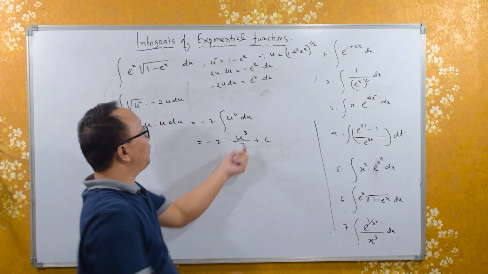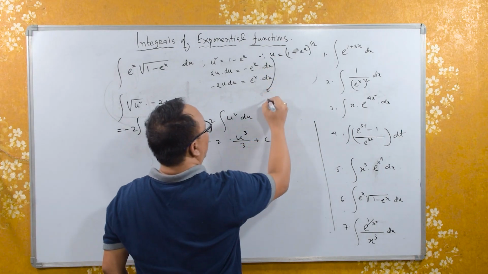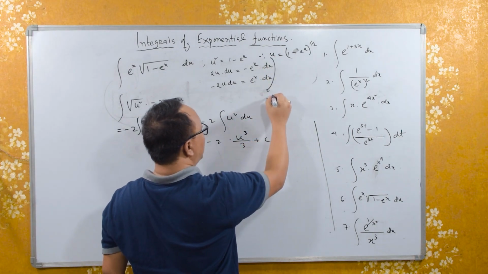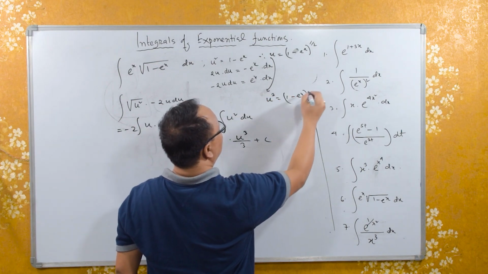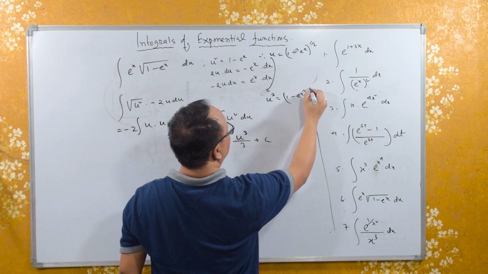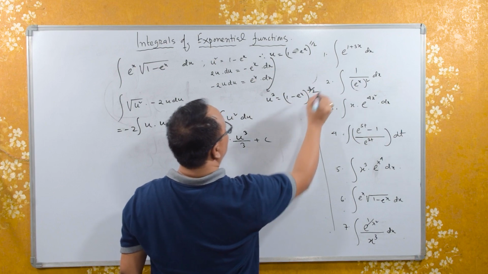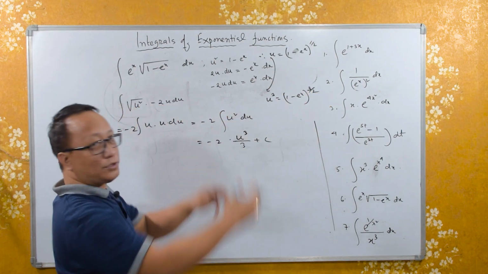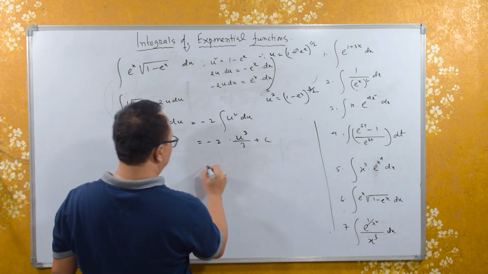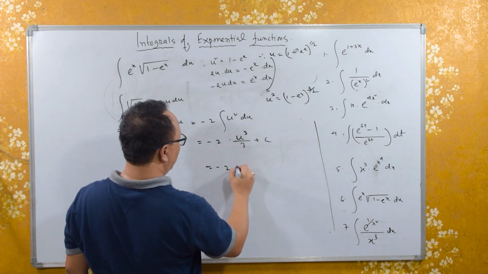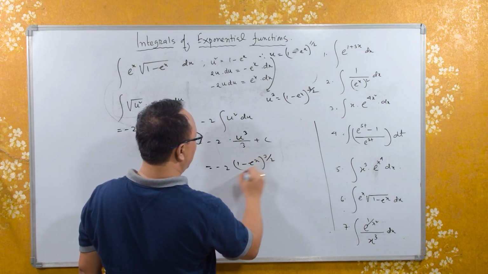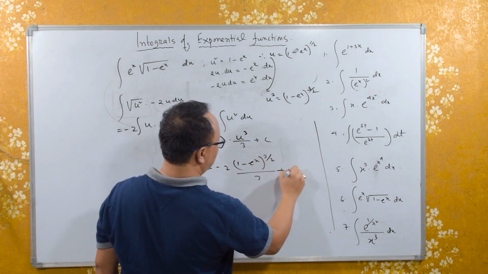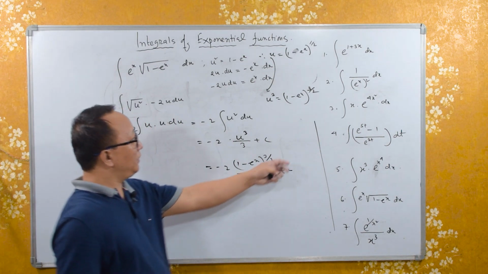Now I want u cube. Cubing on both sides, u cube will be 1 minus e raised to x raised to 3 upon 2. So this is minus 2 times 1 minus e raised to x raised to 3 upon 2, upon 3, plus c. This is the required answer for this.